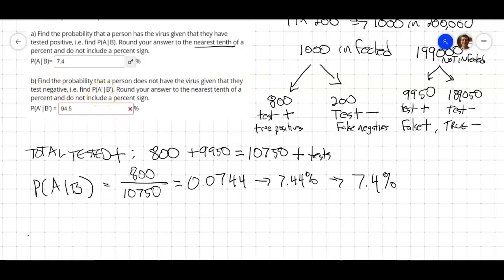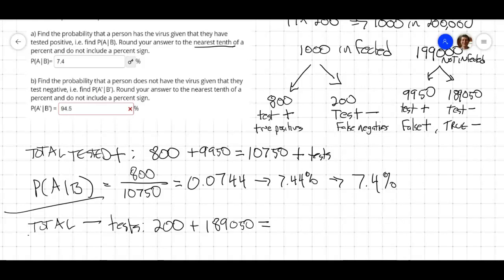Next question. Find the probability the person does not have the virus given that they test negative. All right, so for this we need the total negative tests. So we have the 200 of the people that were infected that got a negative, and the 189,050 that were not infected that tested negative, and that totals 189,250.